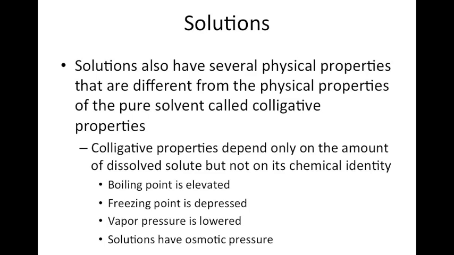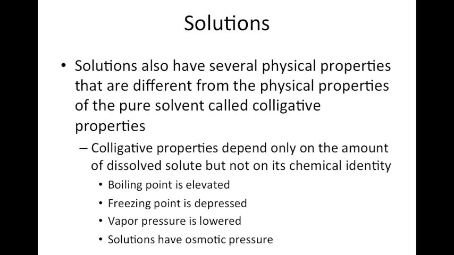If you took the water and a solution of, say, sodium chloride and water, and you measured their freezing point, the pure water would freeze at 0 Celsius at 1 atmosphere of pressure. The solution would freeze at a lower temperature. So the freezing point of solutions is less than that of the pure solvent.